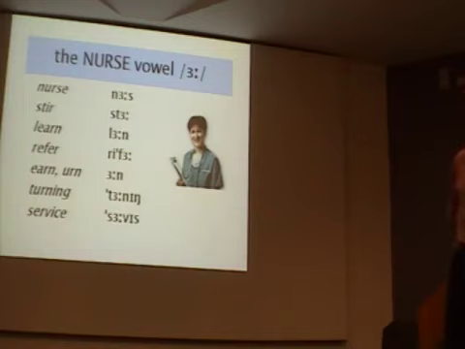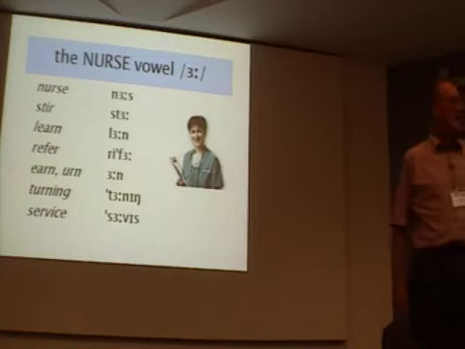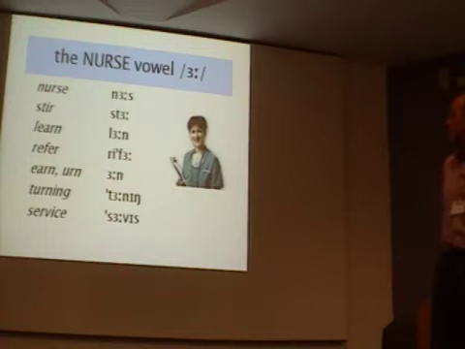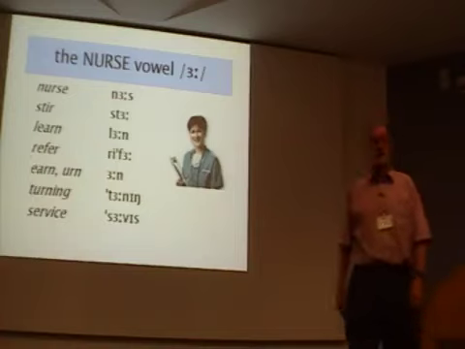So I say nurse, and stir, and learn, and refer, earn, turning, and service. Not many languages in the world have this as a stressable long vowel. But we do in English. That's how it is. Nurse. In American, they say nurse, stir, learn, prefer.